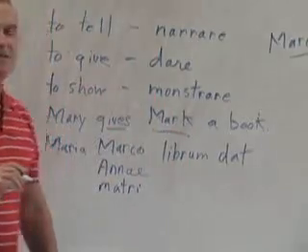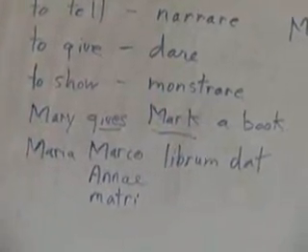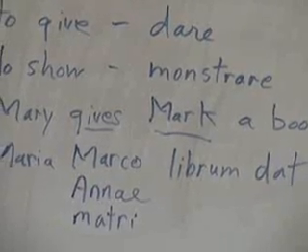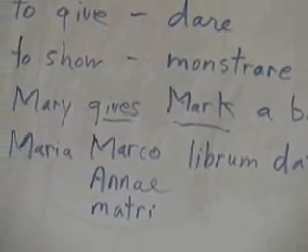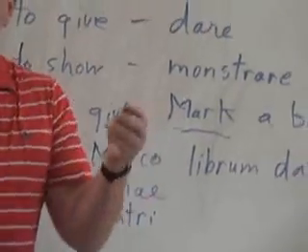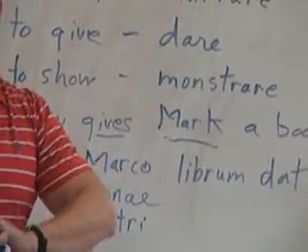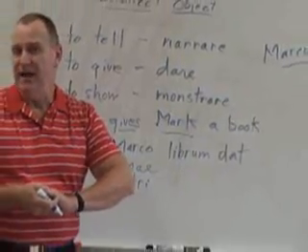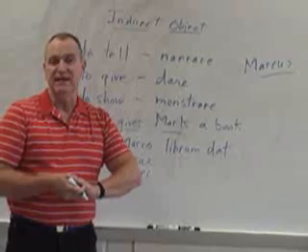Third declension, dative singular, ends in I, matri. See how this is working out? It really is very simple if you associate it with what you know in English already. It's really nice when Latin and English shake hands so that whatever you knew in English, you can apply it to Latin. It doesn't happen all the time, but most of the time it really does.